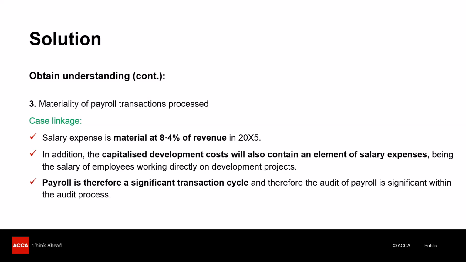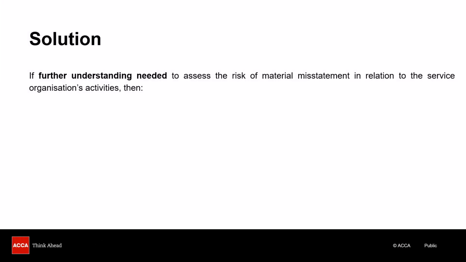Salary is 8.4% of revenue, therefore it is material. Additionally, the capitalized development costs will also have an element of salary expenses. So combined, payroll is a significant transaction cycle which has been outsourced. So we have the key understanding points that we are linking to the scenario.